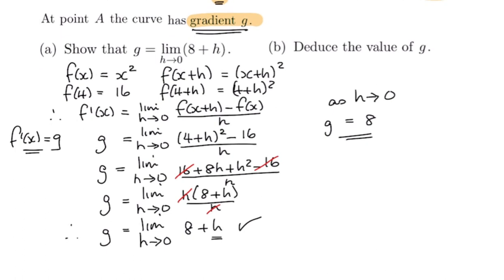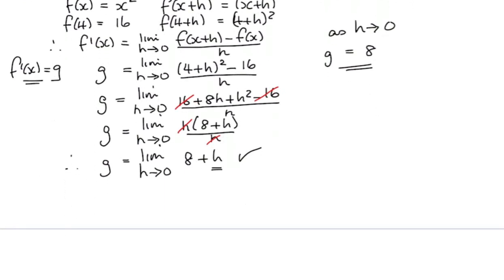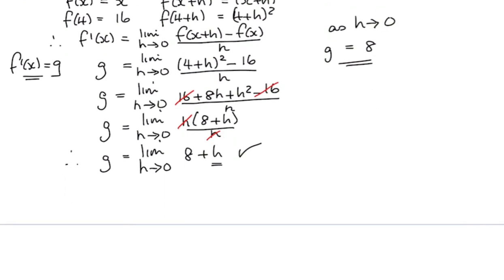Now, so that is differentiation from first principles. If we just have a little look, I'm just going to write a few things down. If you look in part A, we said that if y was x cubed, we proved from first principles that dy dx, or f dash of x, was 3x squared.